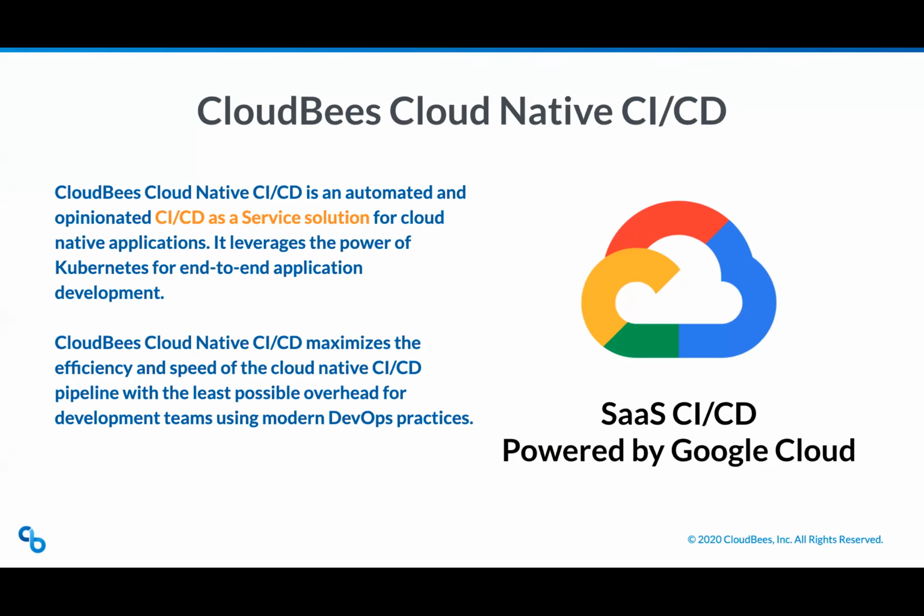This is Jenkins X, but hosted by CloudBees as a SaaS on Google Cloud. So all the goodness you get in Jenkins X, if you want to consume that as a SaaS, we now have an option for you. If you'd like to join the preview experience, you can sign up on our website, and we would love to have you.